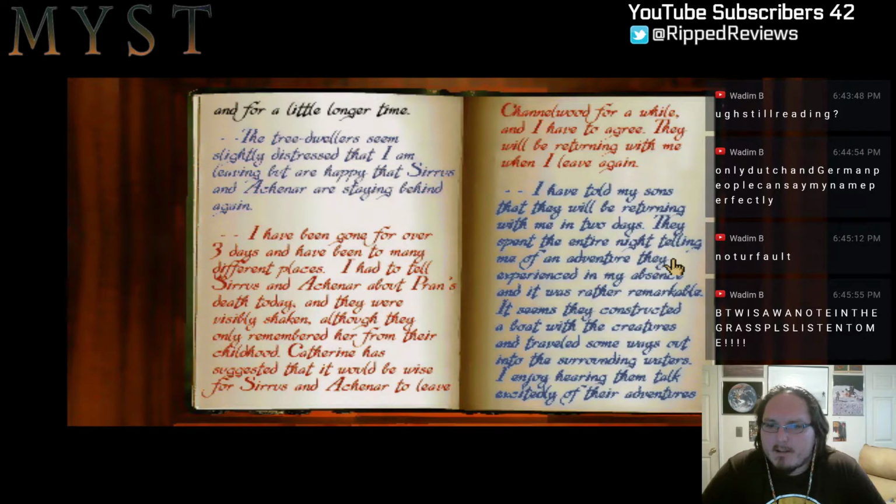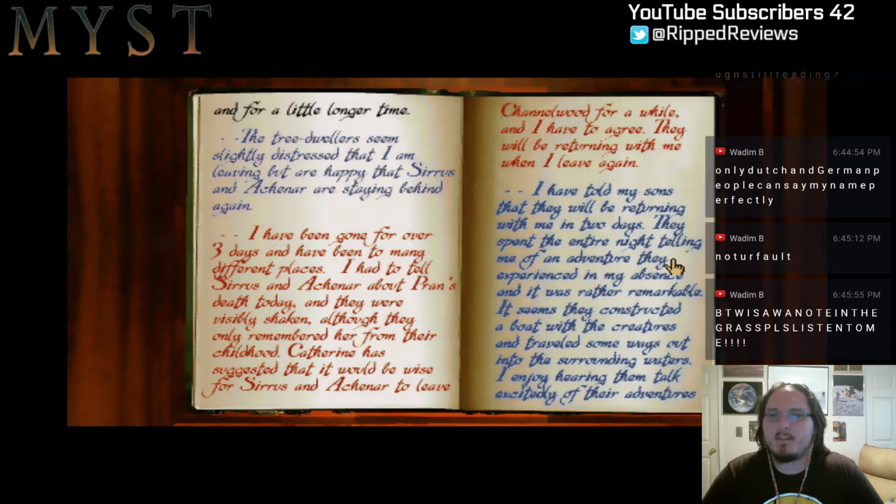I've told my sons that they will be returning with me in 2 days. They spent the entire night telling me of an adventure they experienced in my absence, and it was rather remarkable. It seems they constructed a boat with the creatures and traveled some ways out into the surrounding waters.